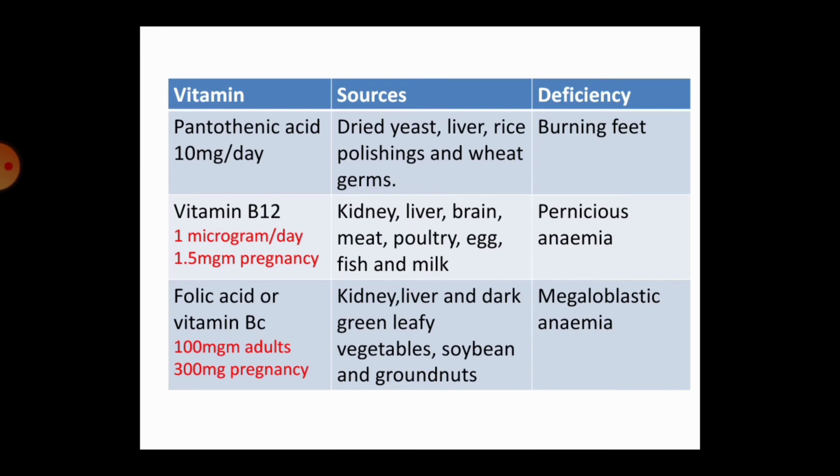Sources of B12 include kidney, liver, brain, meat, poultry, egg, fish, and milk. Deficiency of vitamin B12 leads to pernicious anemia. The next is folic acid, vitamin B-C. Folic acid is rich in kidney, liver, dark green leafy vegetables, soybean, and groundnuts. Deficiency leads to megaloblastic anemia.